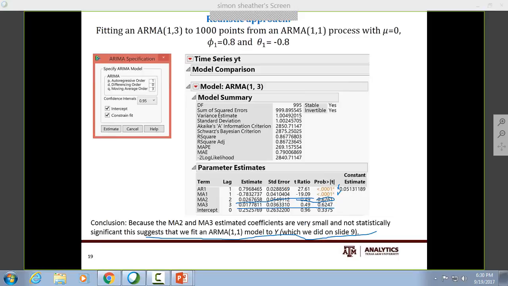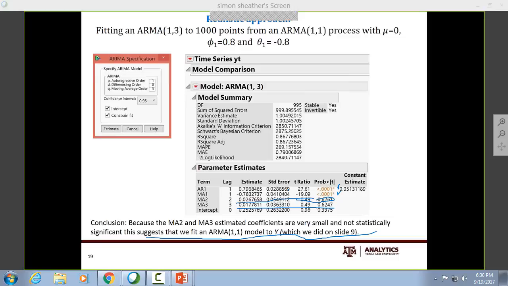So you get kind of an idea. We pick one side, calculate the residuals, and then fit the other. Everybody good with that idea? When you fit this model, you see that the MA2 and MA3 estimates are insignificant. That means you revert back to your original hypothesis that it was AR1, MA1.